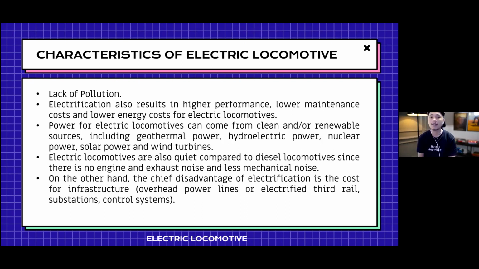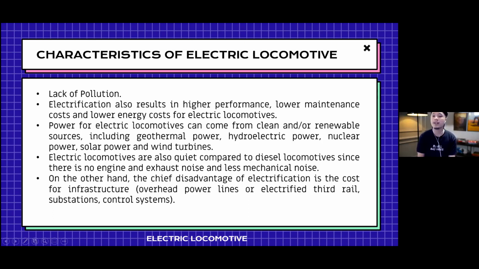in France. Power for electric locomotives can come from clean or renewable sources, including geothermal power, hydroelectric power, nuclear power, solar power, and wind turbines. Electric locomotives are also quiet compared to diesel locomotives since there is no engine and exhaust noise and less mechanical noise.